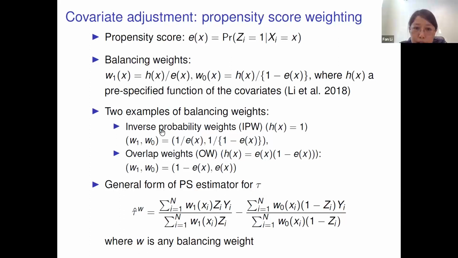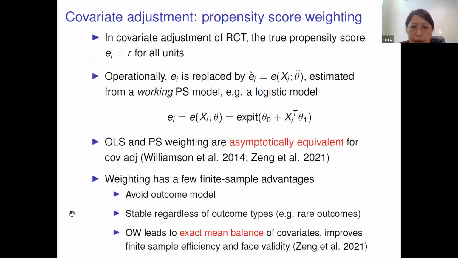The point is that as long as you're using balancing weights, the difference in the weighted averages between the two arms will be your covariate adjusted estimate of the treatment effect. As I mentioned, e is just a one-dimensional summary of the baseline characteristics, and usually we estimate it from a so-called working model, for example a logistic model.